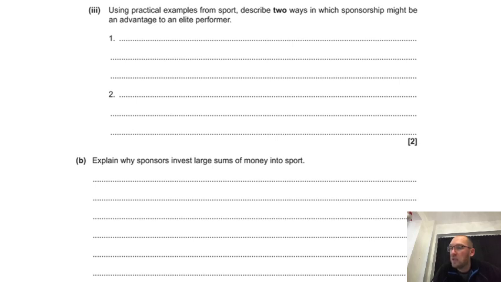Better candidates then went on to explain that this would lead to increased sales, or the status of the products being increased by linking them with a successful performer, for a second mark. So it's actually saying that the brand is becoming more publicised, and that publicity is leading to the brand selling more goods.